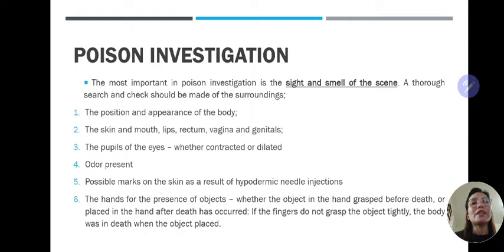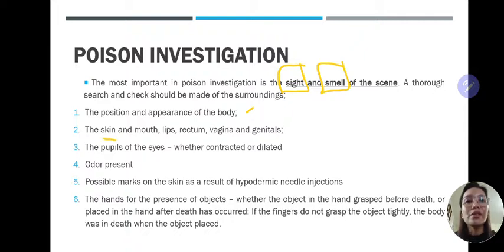So, in poison investigation, the most important is the sight and smell of the scene. So, kapag nagpa-process na tayo ng isang crime scene na hinihinala na isang poison investigation, merong position and appearance of the body, kailangang i-take note.